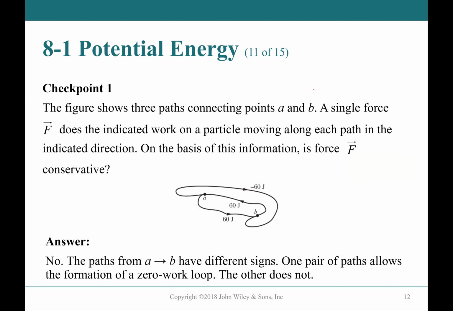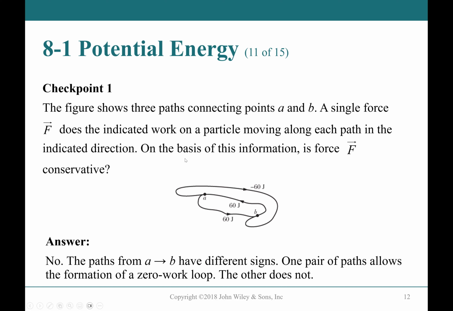So we can take a look at the checkpoint here. The figure shows three paths connecting point A and point B. A single force F does the indicated work on a particle moving along the path in the indicated direction.